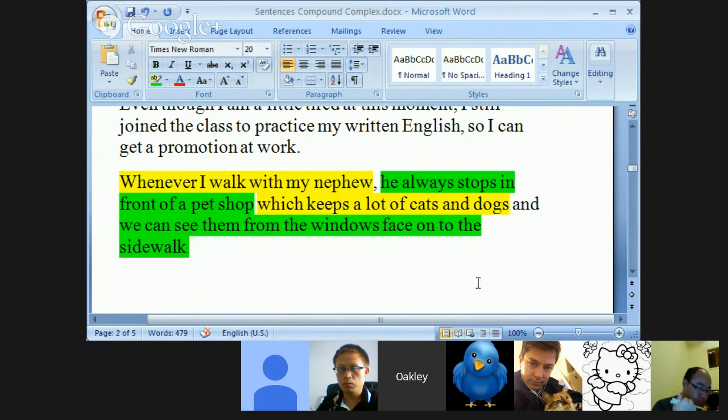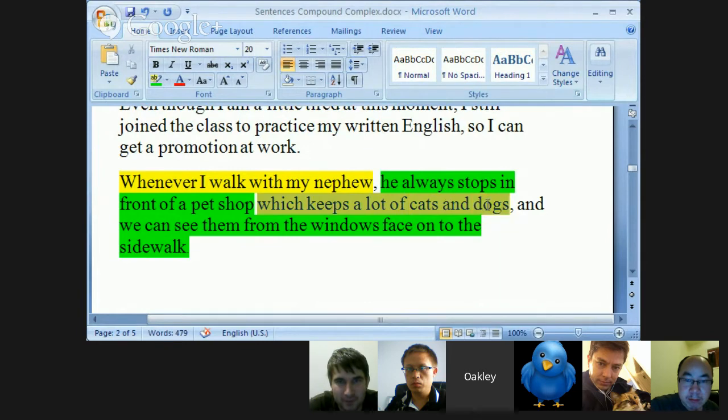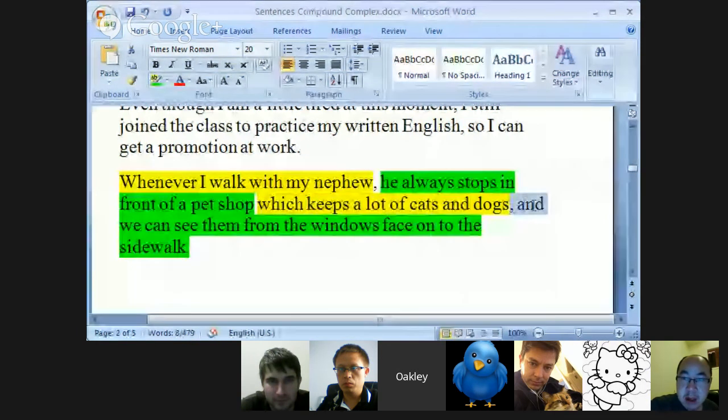Heidi, you do need another comma, though. Where do you need a comma? Oops, where did you go? Okay, anyway, Heidi would have needed a comma here. You don't necessarily need one in front of this dependent clause here, but you need this comma in front of the connector.